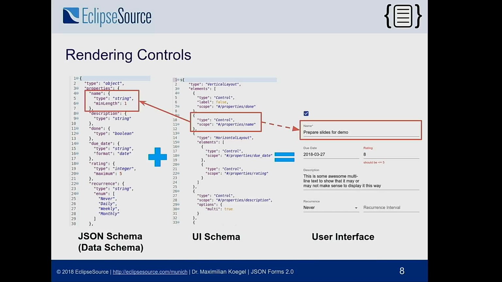So we have a type string with a minimum length of 1, and the property is called name. And this part here, the yellow part, is the actual data binding. This tells JSON Forms that this control will bind to the name property from the JSON schema. This can also be a path that is nested deeper, so you can also bind to something that's maybe in an array or in an object property and then again another property, but this is the simplest case of binding that.